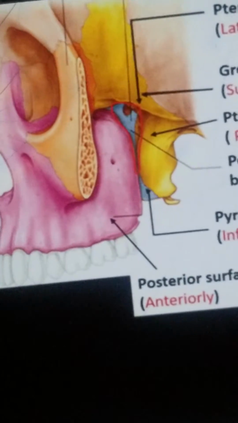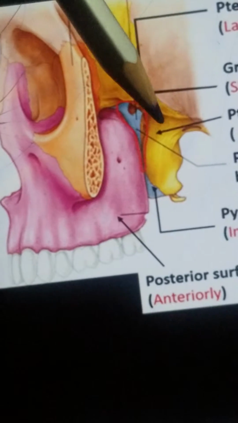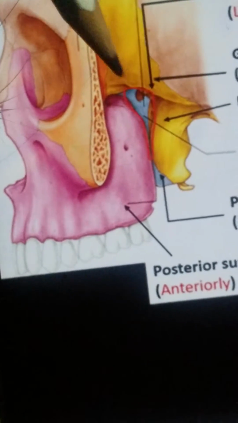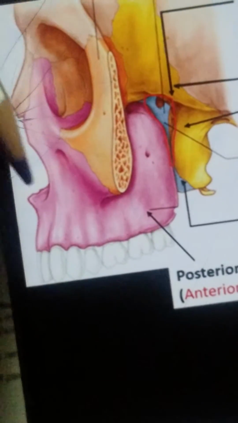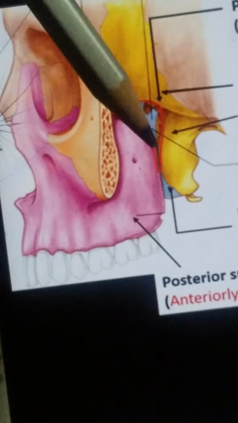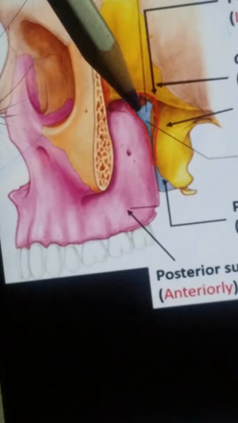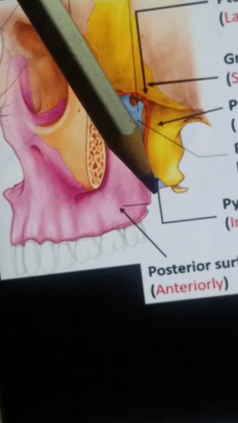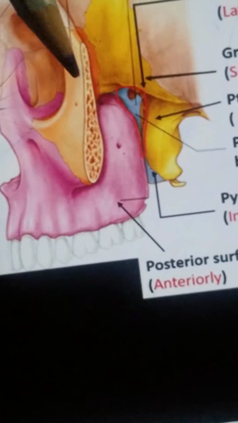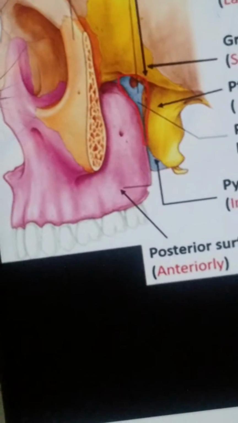This whole is the sphenoid bone, this is the greater wing, this is the pterygoid process, and this is the body of sphenoid, and the blue one is the palatine bone. This is the pyramidal process of palatine bone, and this is the perpendicular plate of palatine.